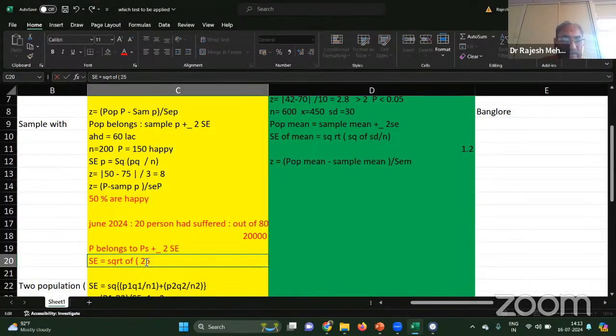So 25 multiplied by 75, divided by N, which is 80.